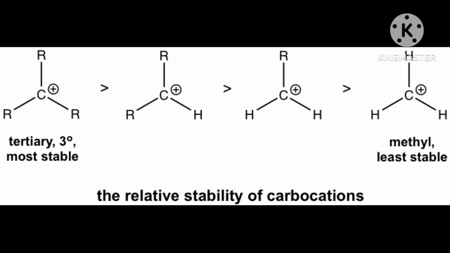Consider the 2 primary bromides, where the bromine is directly attached to a carbon that is attached to only one other carbon.